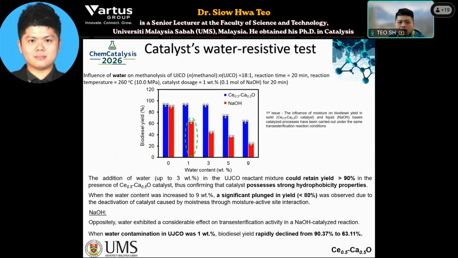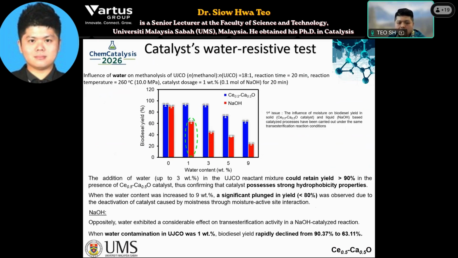As shown in the figures, the mixed oxide catalyst maintained a biodiesel yield above 90% when the water content was increased up to 3%. This indicates that the catalyst possesses good water tolerance and strong resistance toward moisture deactivation.